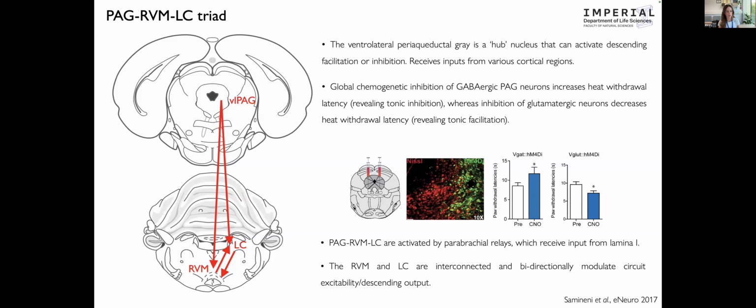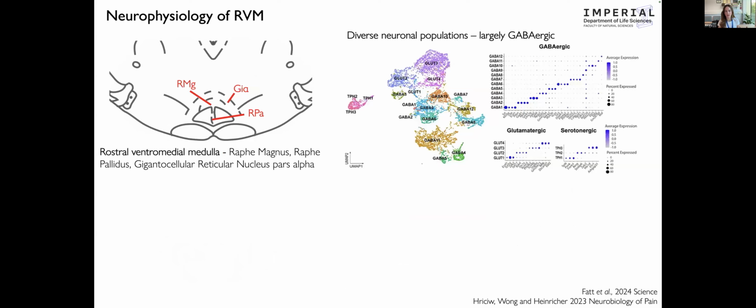And this paper in particular was giving us direct experimental support for a model in which excitatory and inhibitory neurons in the PAG could bidirectionally modulate nociception, something that we knew about all those years ago, but here we've got a neurophysiological understanding of those processes. Then we can apply the same thoughts to the RVM, where the neuronal types present have been molecularly identified.